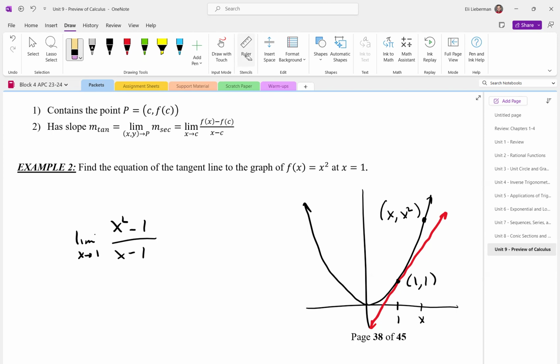Chaz, do you have a question or an answer? I have a question. Why, in the formula, it says the limit as (x, y) approaches P, but why is it now just x approaches P? Good question. These are 2 different things.